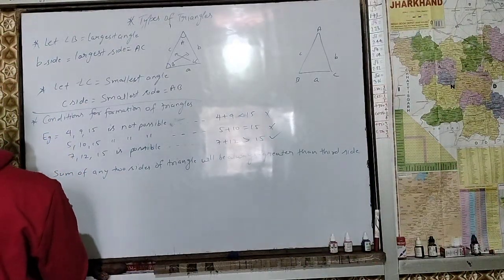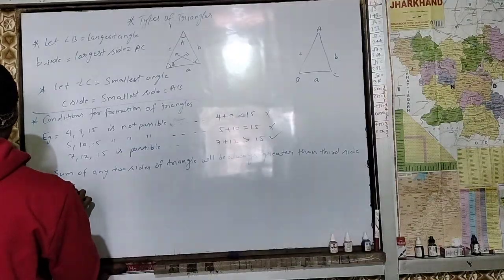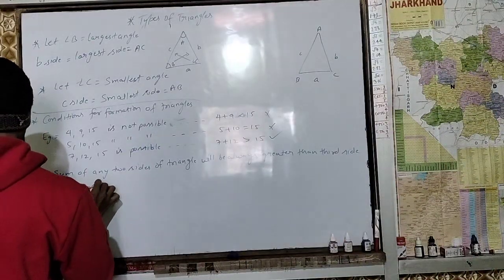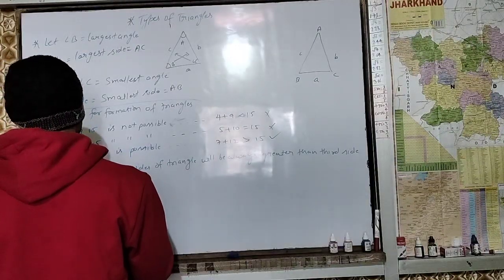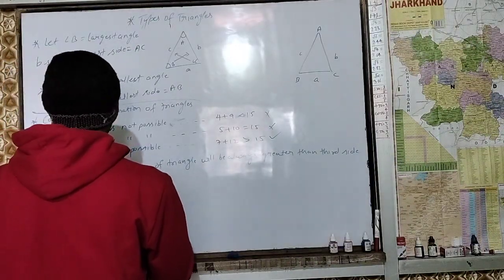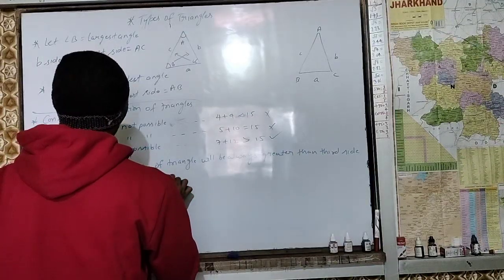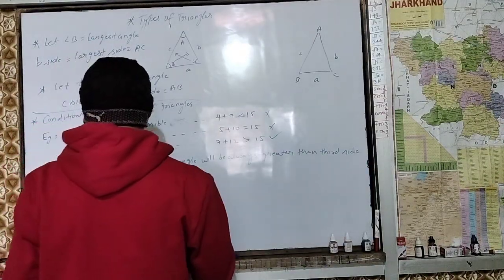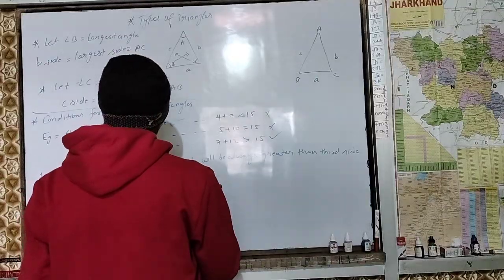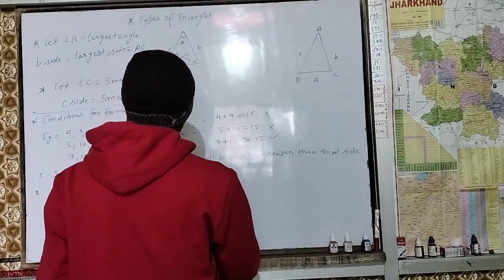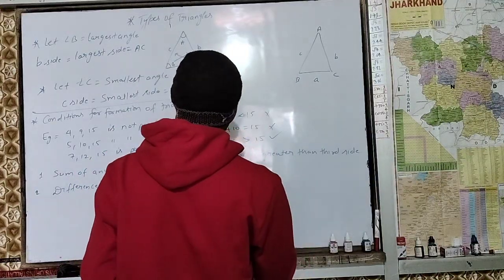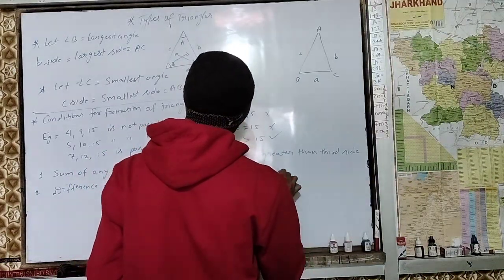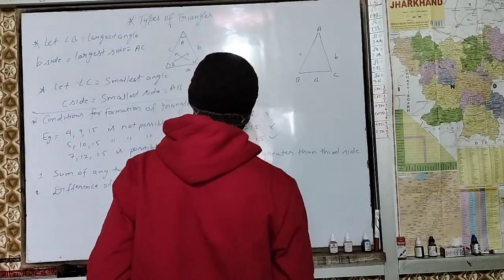The next condition is that the difference of any two sides is always less than the third side. Just the opposite of the first condition.